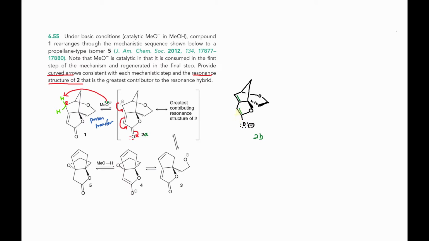And then all those bonds are now back to where 2A was, except of course we don't have the lone pair just like we had in 2A. However, the main difference is that we no longer have the ring structure on that side that connects the oxygen.